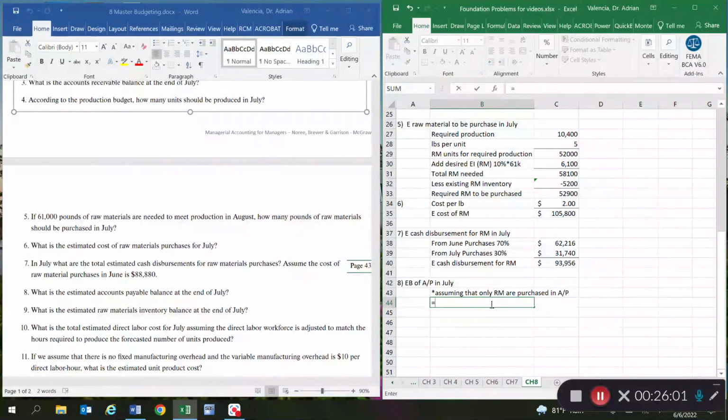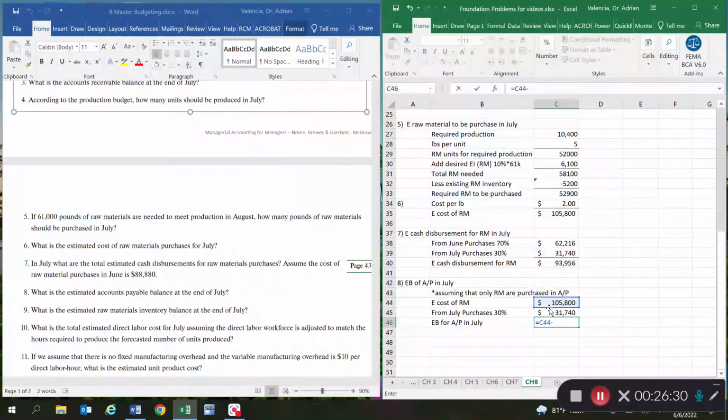So I'm going to copy the expected cost of the material. Oops, sorry. So that's 105. And then I'm going to subtract from that what we pay from July. We paid this, giving me an ending balance for AP in July of this amount.